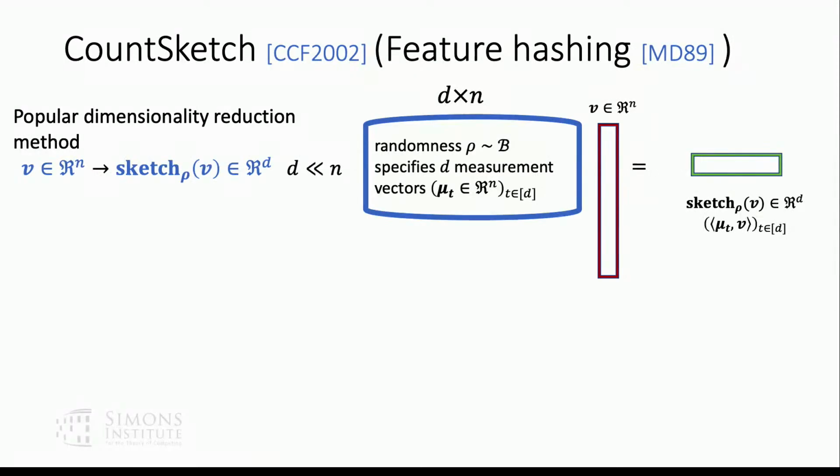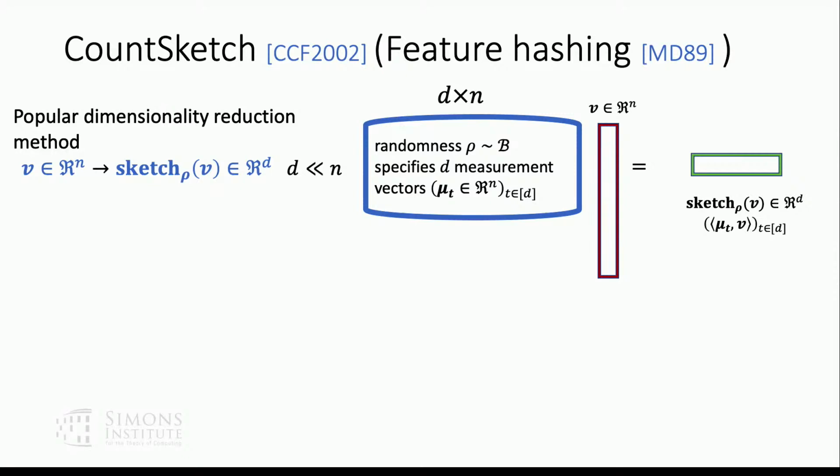So, what is a count sketch that we all know? It's basically a popular dimensionality reduction technique. It's an old technique by Moses, who was here yesterday, not here today, and co-authors. You take vectors and produce another vector with a much smaller dimension by a matrix.